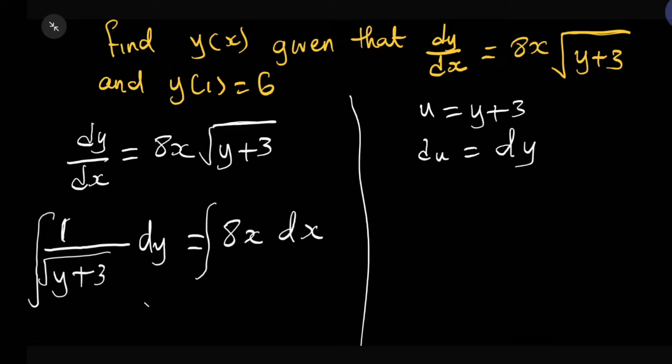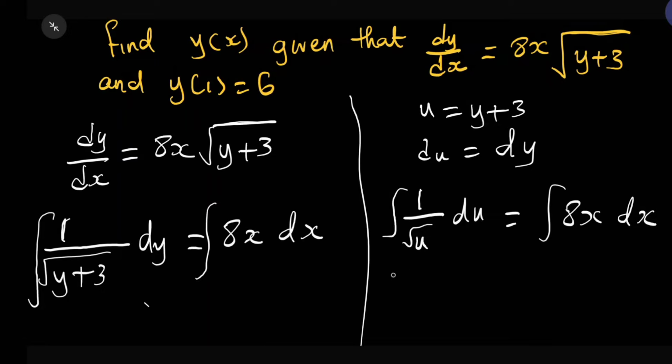So what this simply means is that for this side we would have the integral of 1 over square root of y plus 3, where y plus 3 is our u, so instead of the y, now we have the u.